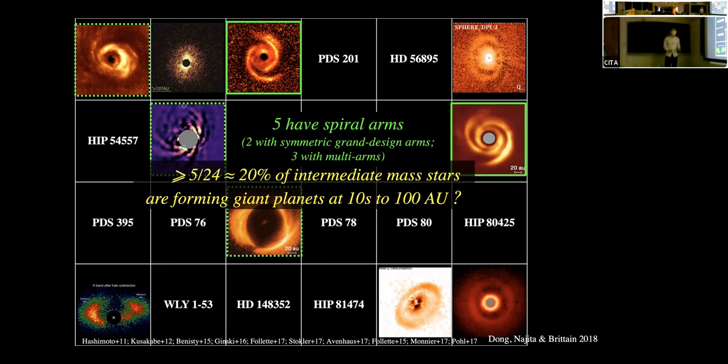This is small number statistics, and the assumption we made is debatable that all the spiral arms are made by giant planets, but it illustrates the power of disk imaging samples in constraining planet formation models. A good planet formation model should be able to explain statistics like this: why intermediate mass stars like to form giant planets at large distances.